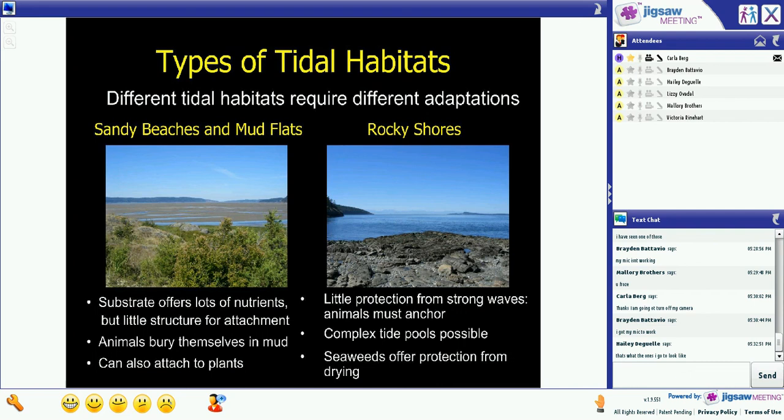Go ahead, Mallory. What kind of fish or animals or organisms can go inside of a tide pool? Great question. Tide pools can have lots of different kinds of animals in them. There can be animals like starfish that get caught in a tide pool. Basically what's happening is if you have high tide, all of those rocks would be covered by water.